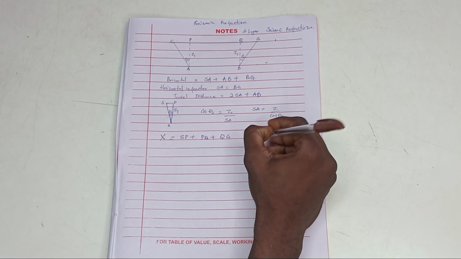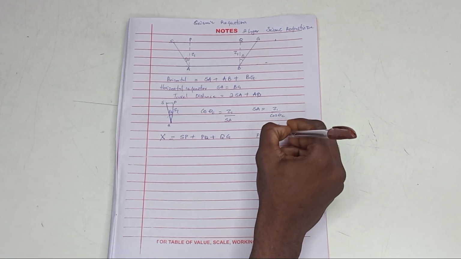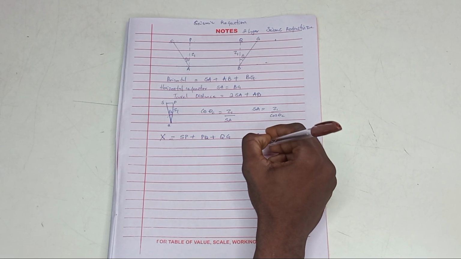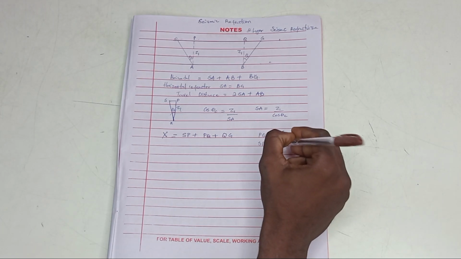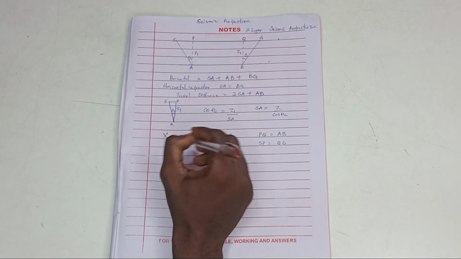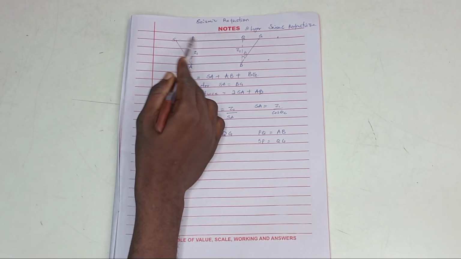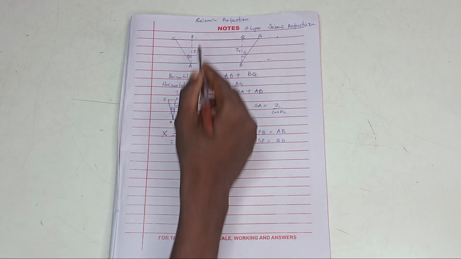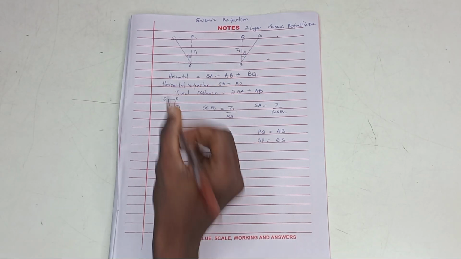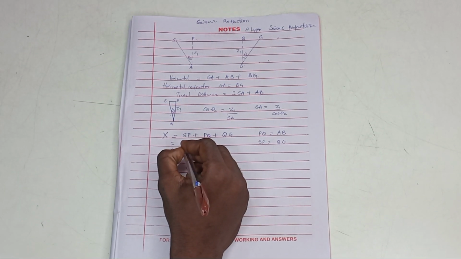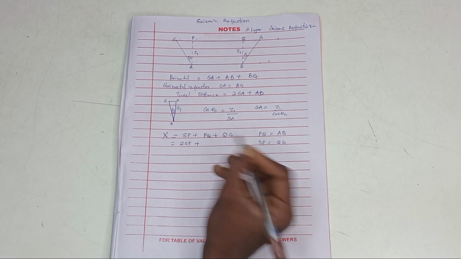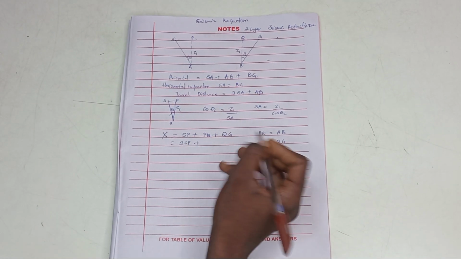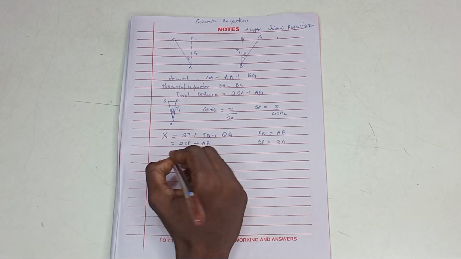Since PQ is equal to AB and SP is equal to QG, X will now become 2SP plus AB.